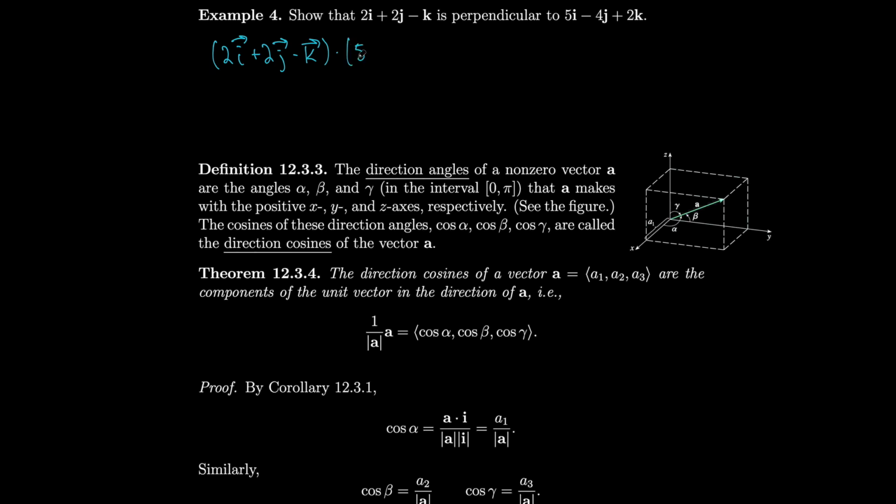With 5i minus 4j plus 2k. And that just equals 2 times 5 plus 2 times minus 4 plus minus 1 times 2, which is just 0. So that means they must be perpendicular.